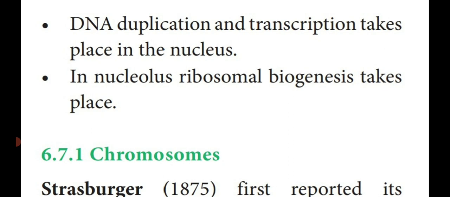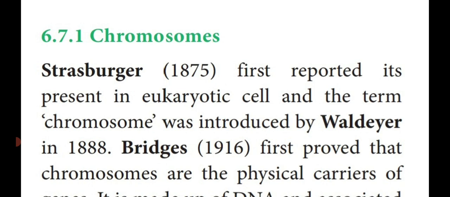Dear students, up to this we have seen structure and functions of nucleus. Next we are going to see another important structure of a cell known as chromosome. Dear students, what is chromosome? In the previous nucleus paragraph we have seen in the nucleoplasm a net-like or thread-like structure is known as chromatin reticulum.